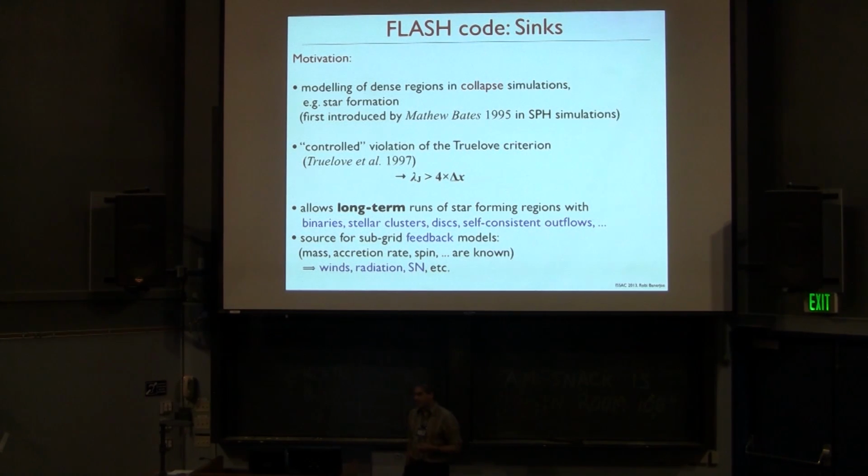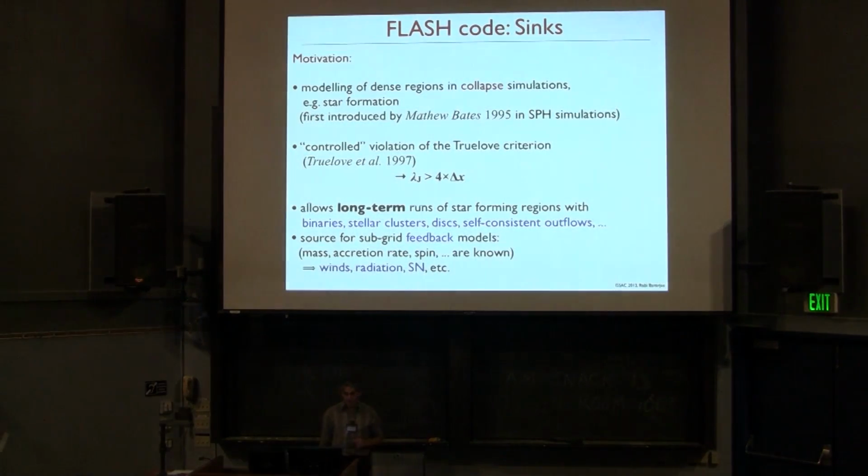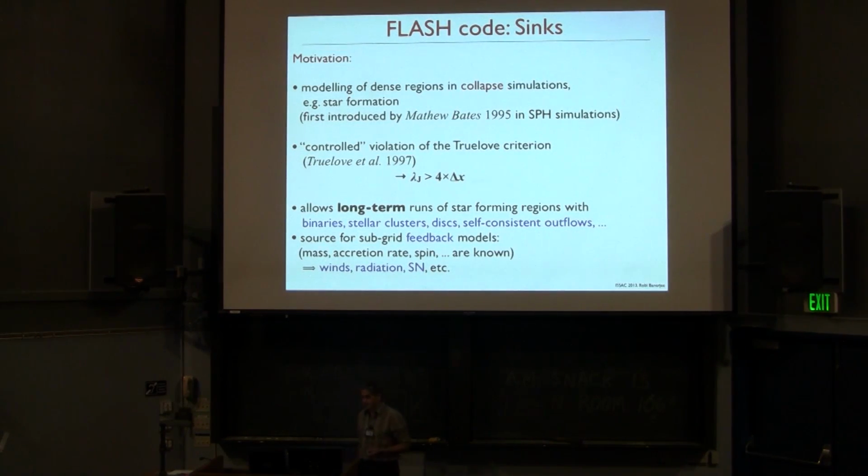With this technique, which I will talk about, you are able to do a long-term run of collapsing regions where you have, for instance, individually collapsing cores, and can simulate binaries and stellar clusters. But they are also useful if you model something like a subgrid feedback mechanism.